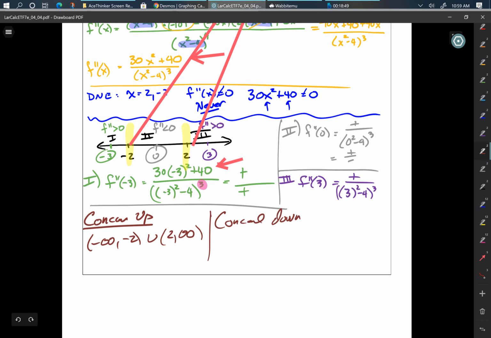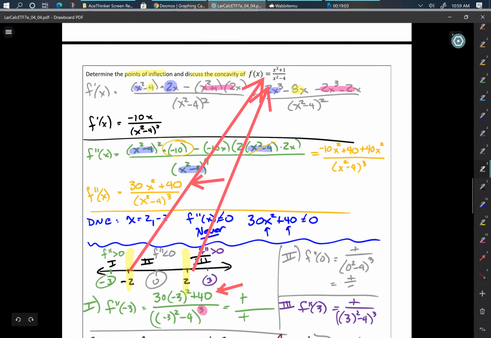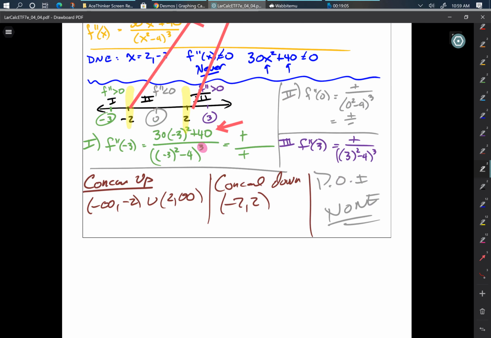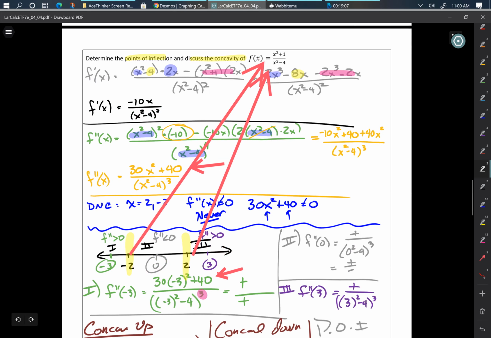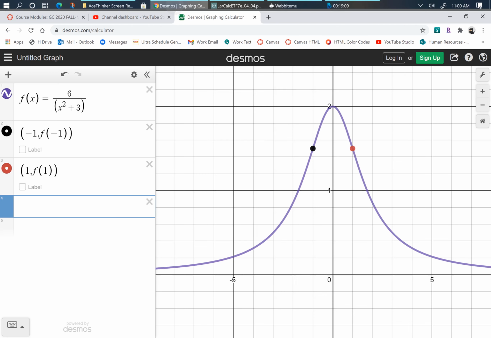Well, that would be interval number 2, which is from -2 to +2. And how about points of inflection? Well, we would say that there are none of those. The problem asks us to determine them. I determined there are none, so I'm going to write down none. So x squared plus 1 over x squared minus 4.